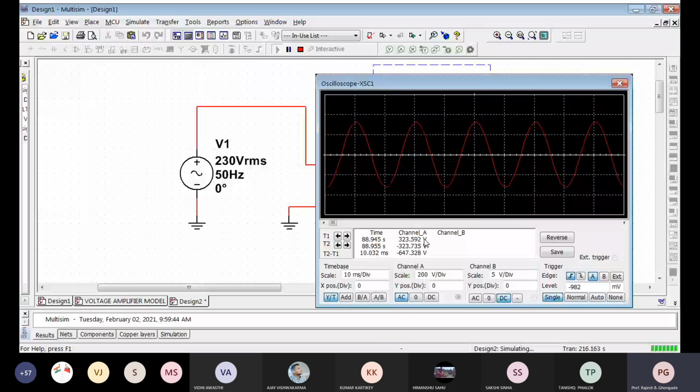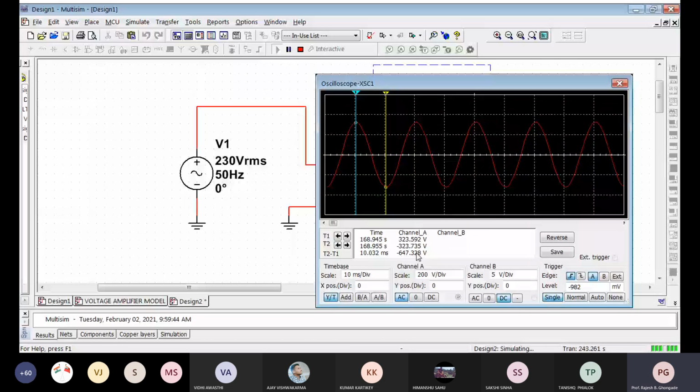325 volts is only the peak value. Remember, we are interested in peak to peak value. So you have to either multiply this 230 by 2 root 2, or you have to simply multiply the peak by 2. So you get about 650 volts. Approximately you're getting here 647 volts.